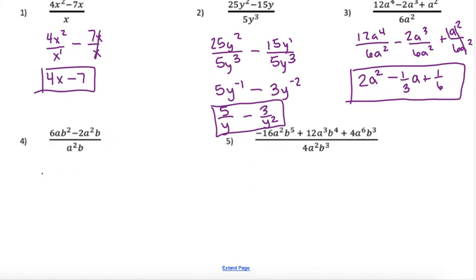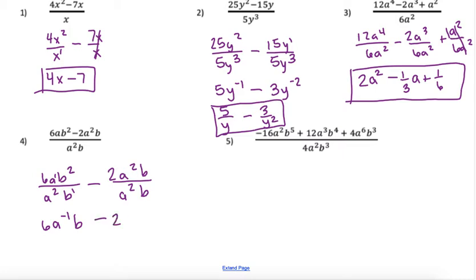And on number 4, split those two terms. So I have 6ab squared divided by a squared times b minus 2a squared times b divided by a squared times b. So the 6 can't do anything with, and then I have 1 minus 2, which is a to the negative 1. 2 minus 1 would just be b, minus 2 divided by 1 is 2.